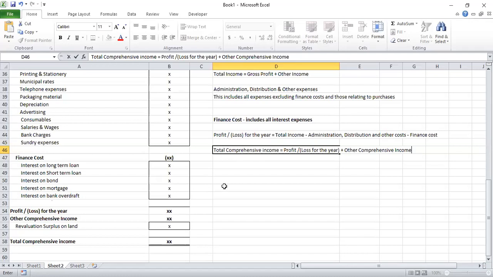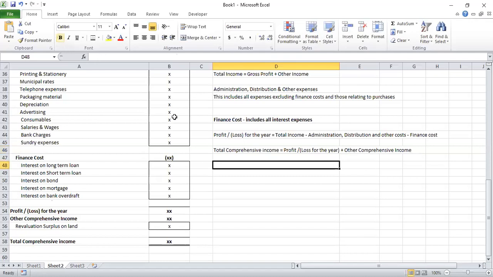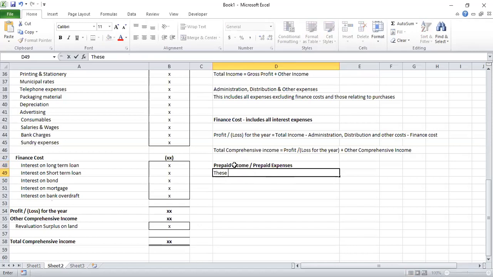But along the way, there are some adjustments that we have to make. Prepaid income or prepaid expenses. These are expenses paid in the current year, but representing expenses for next year.